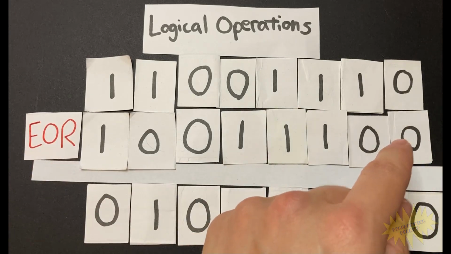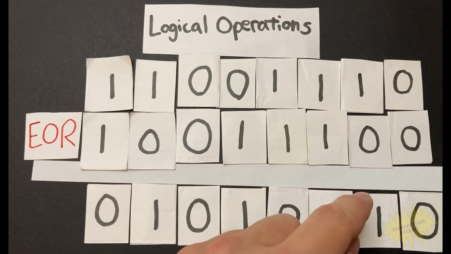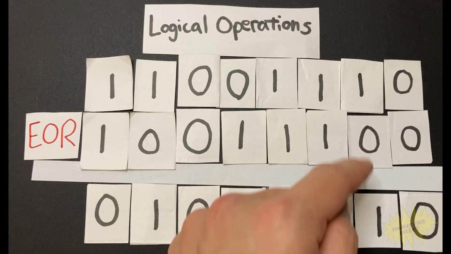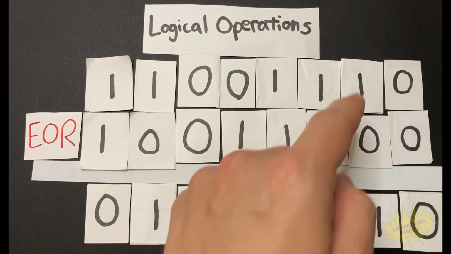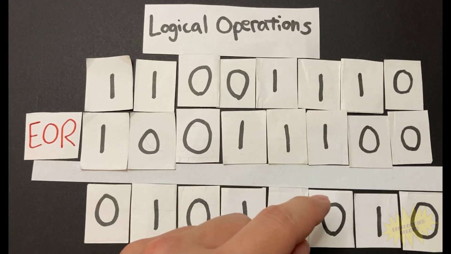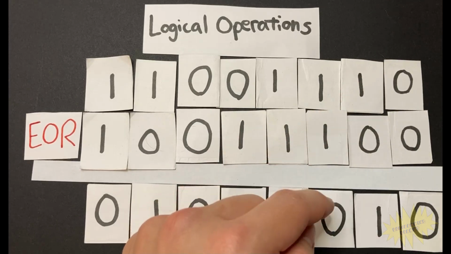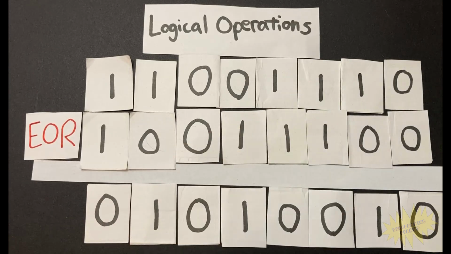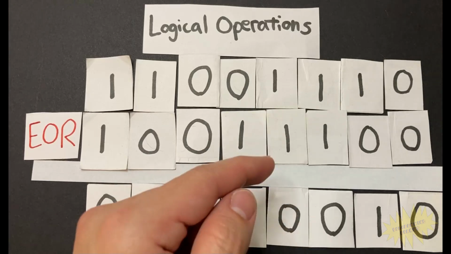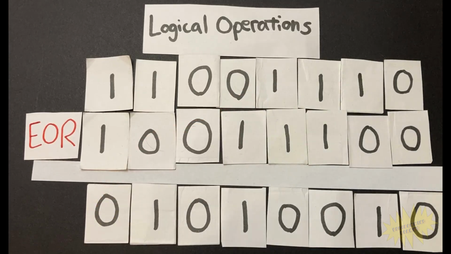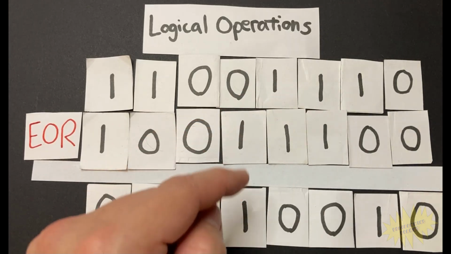So 0 and 0 will give you 0. 1 and 0, now remember, at least one of them has to be 1. So we do have at least 1, so that'll give us 1. Here we have 0 and 1, so we need at least 1, so the answer is 1. Here we have 0 and 1, so it's the same thing. That results in 1. Now here we have 2 1s.